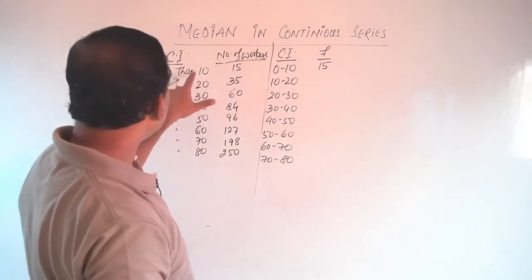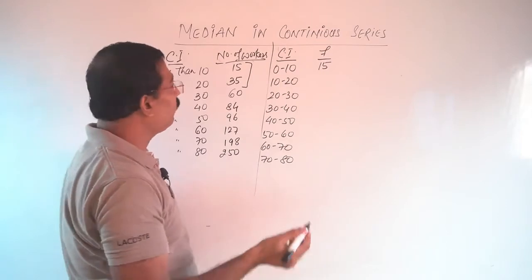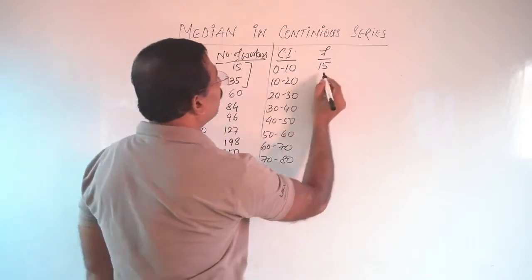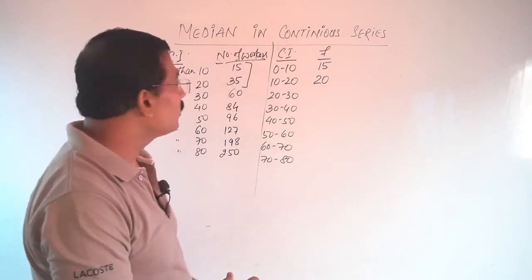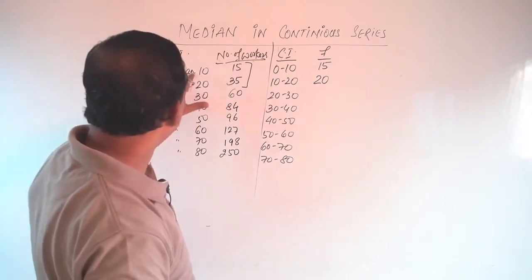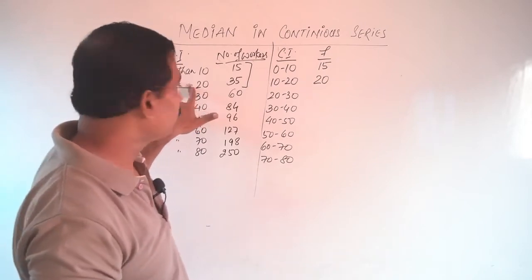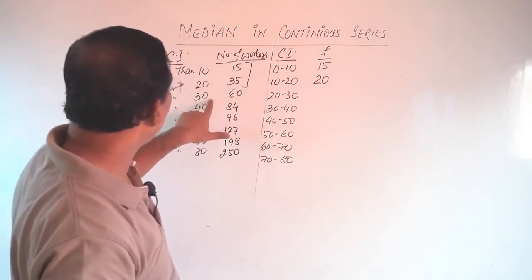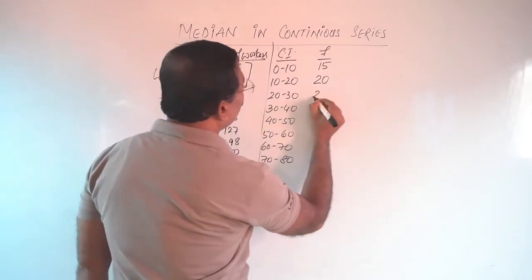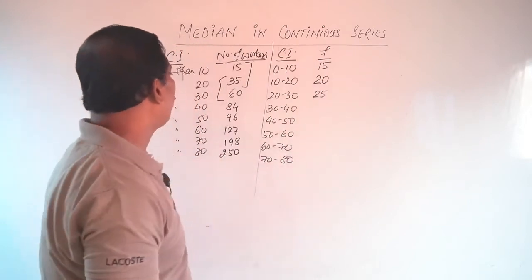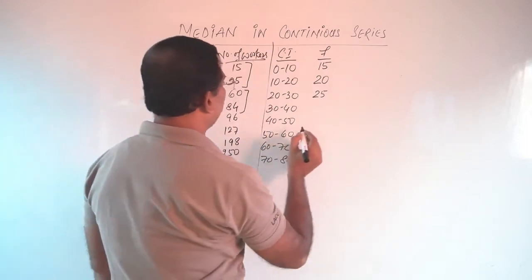Then between 10 and 20, you just deduct 35 minus 15. 20 workers are there who get salary between 10,000 and 20,000. Very clear? Then between 20 and 30, the difference between 35 and 60, here will be 25. Then 30 to 40, the difference of 84 and 60.